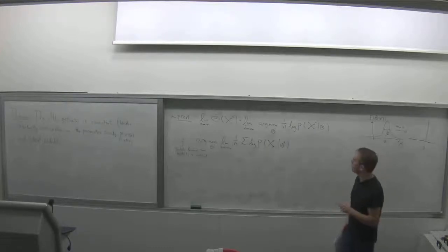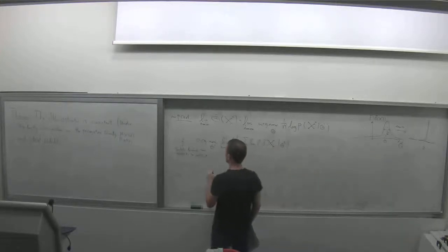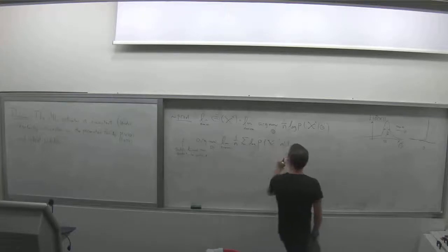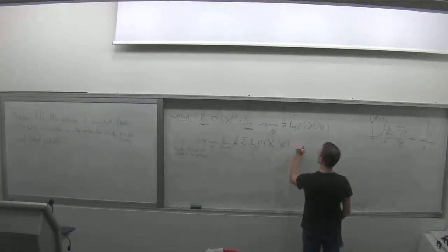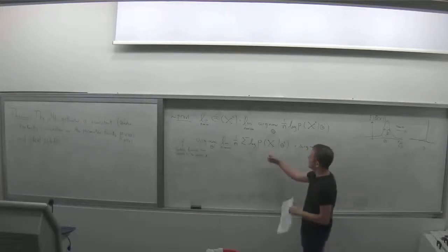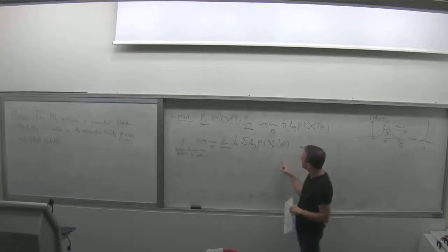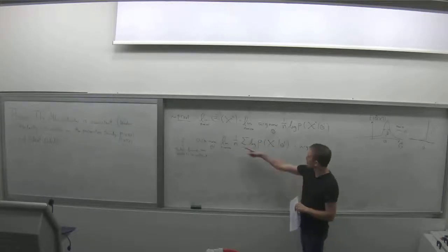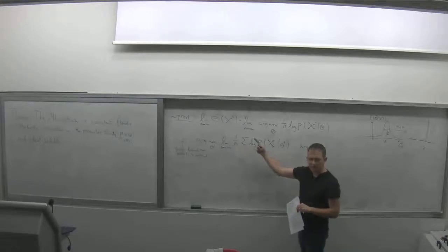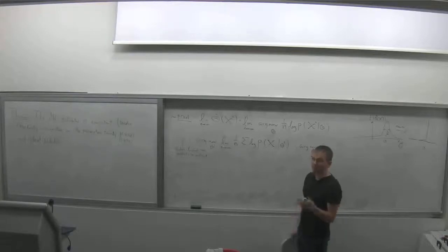And now this suggests what will happen. Let's keep the argmax over theta prime. What is this thing? It's the log likelihood, right? But it's also an average of n things that are what? Random variables, right?